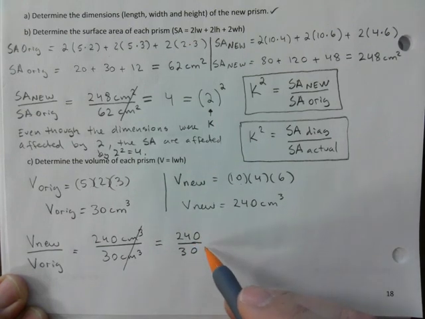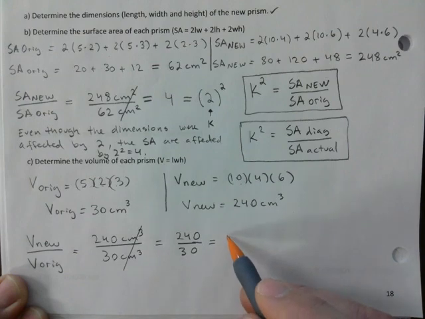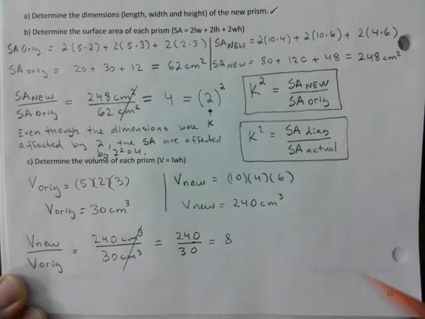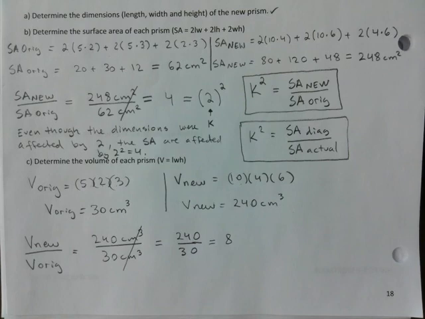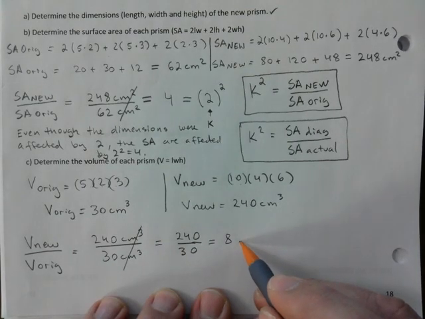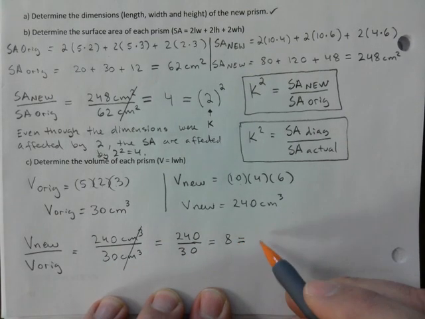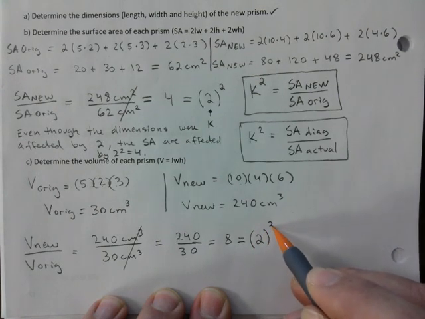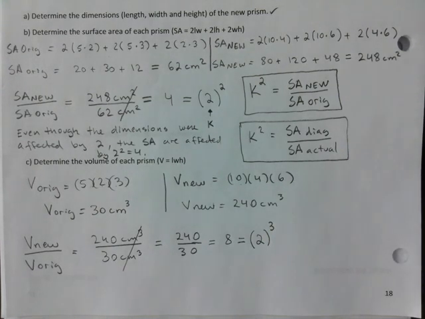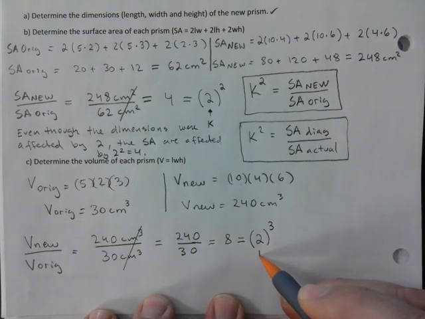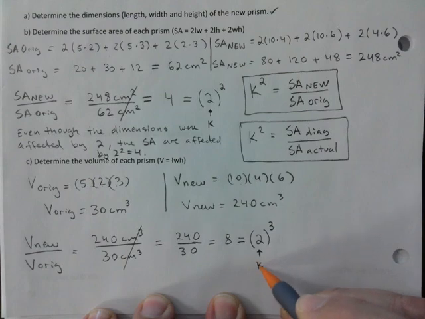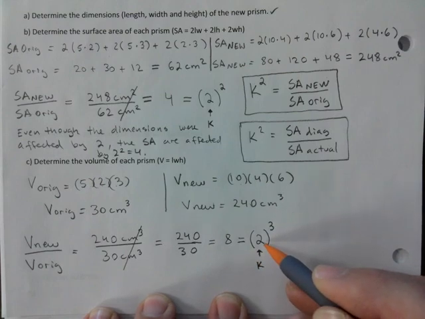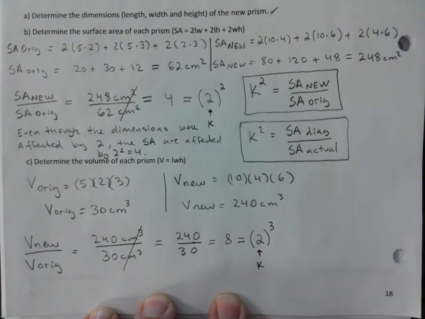How many times is the 30 going to 240, you might ask? 8, right? 8 times. How else can you write 8? 2 to the power of 3, there it is. And so K shows up still, right? But when we're talking volume, it will be to the power of 3.